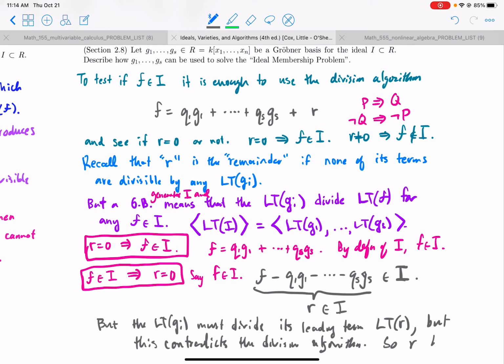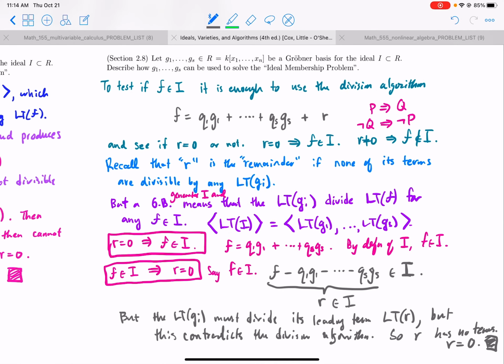So R has no terms. Well, okay, that means R is 0. Done. Okay. So that looks pretty good.